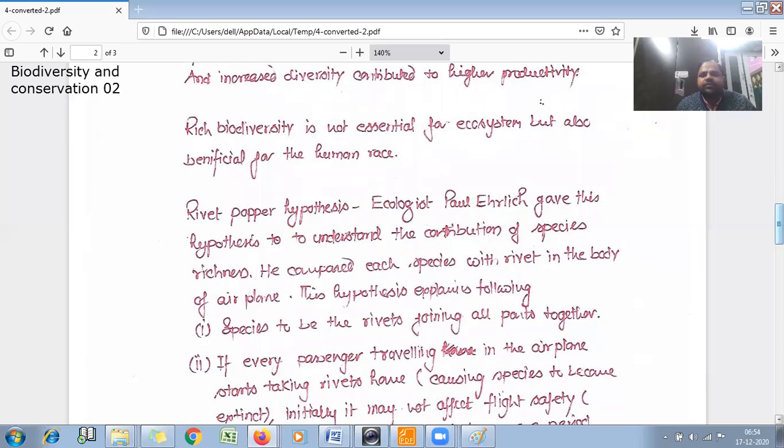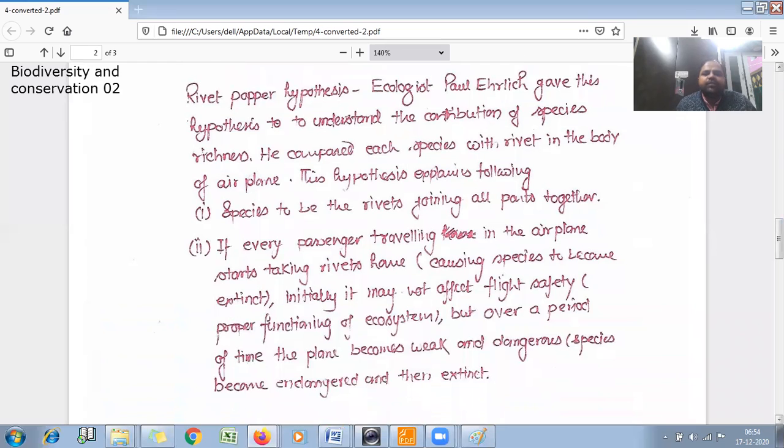This hypothesis explains that the first point is species are the rivets joining all parts together, and the second is if every passenger traveling in the airplane starts taking rivets home, causing species to become extinct.